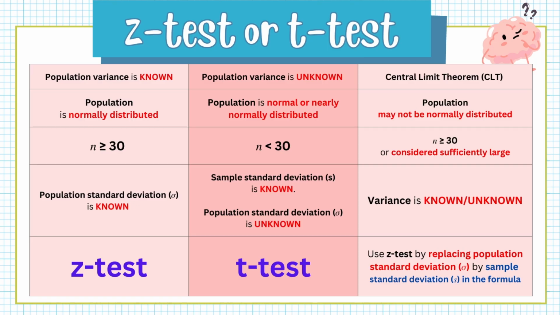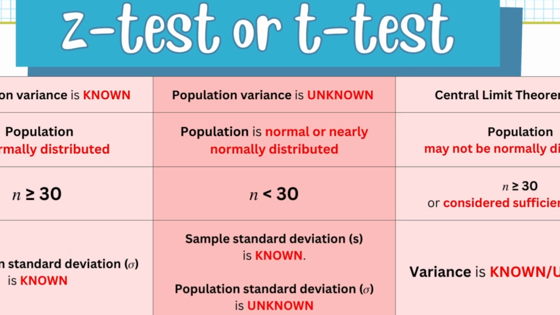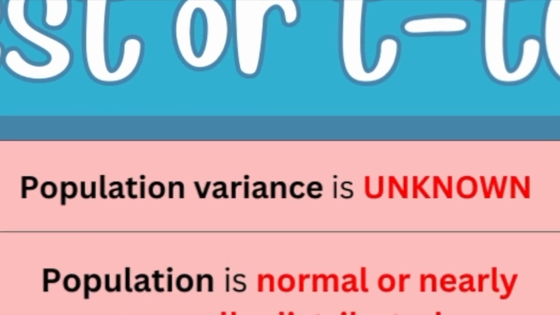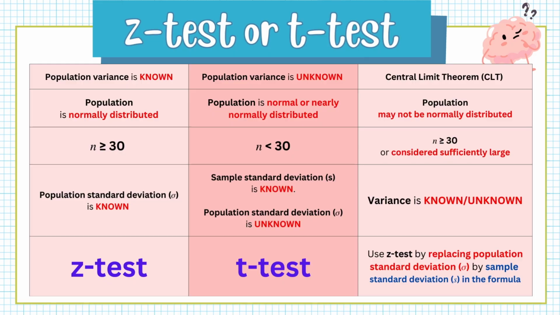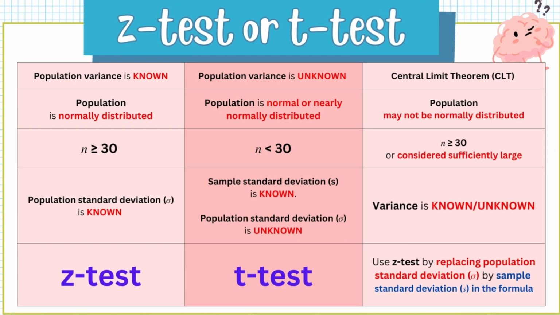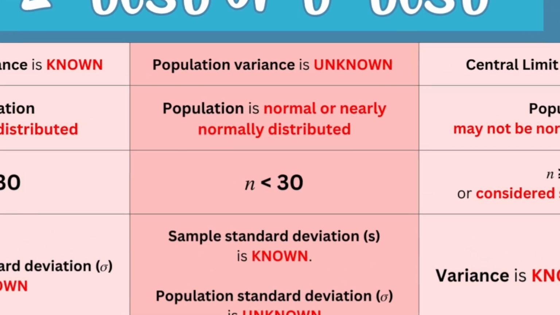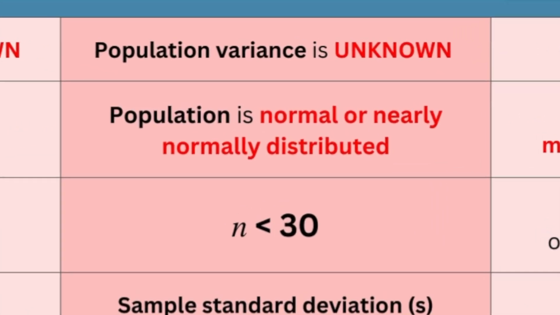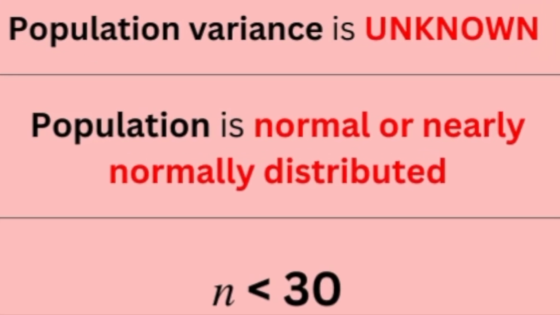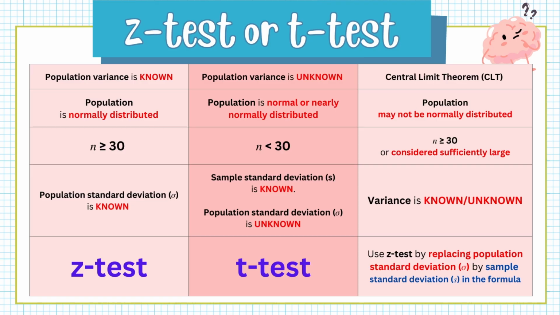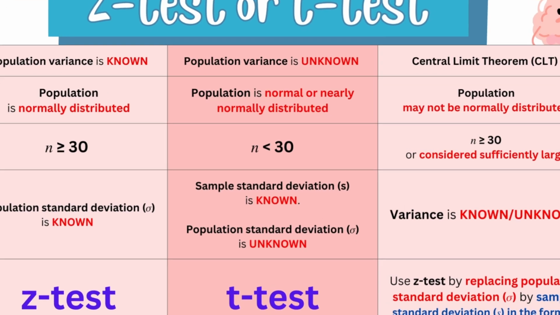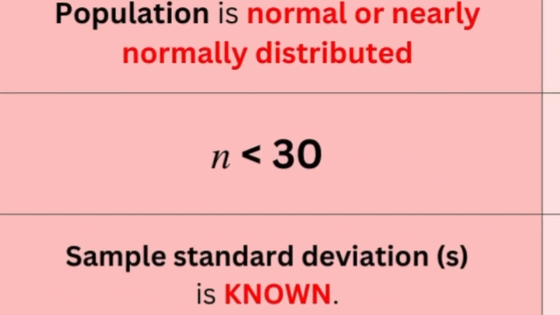We are going to use t-test if the population standard deviation is unknown. Unlike z-test, the standard deviation must be known. But similar with the z-test, the population is normal or nearly normally distributed, but the sample size is less than 30.